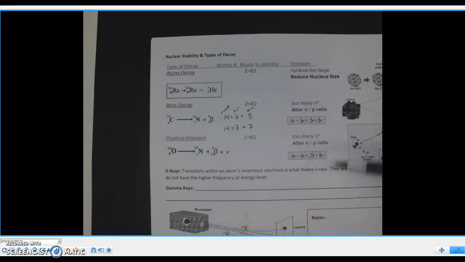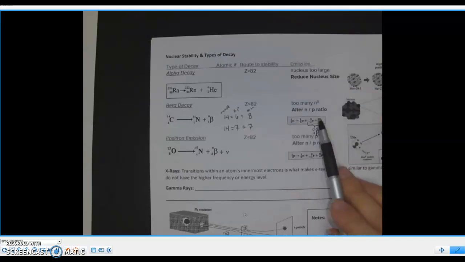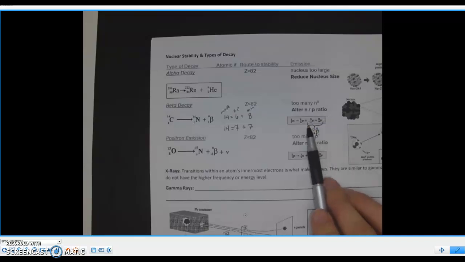And beta decay is an electron and an antineutrino. It's beta emission. Okay. It's essentially just an electron because we're not going to dive into antineutrinos here. So we're basically taking a neutron, turning it into a proton, and through that process we're emitting an electron, and that's our beta decay. Okay.